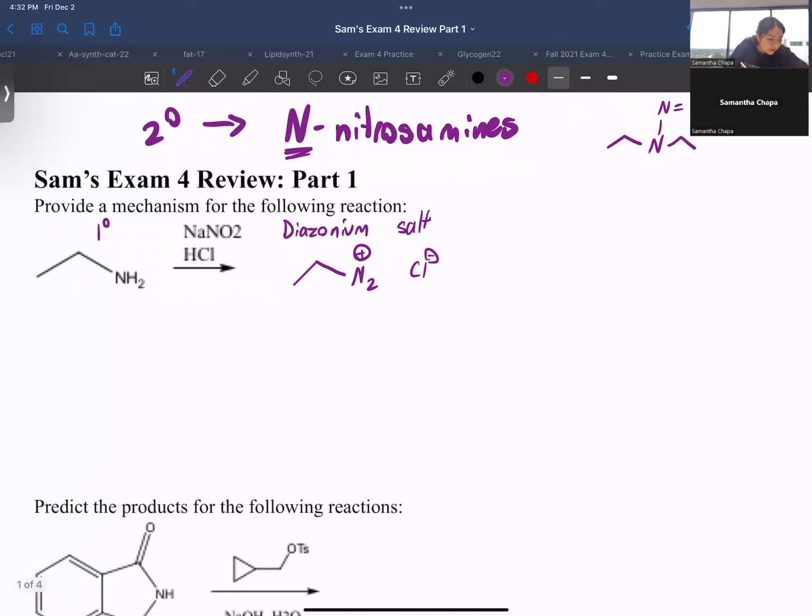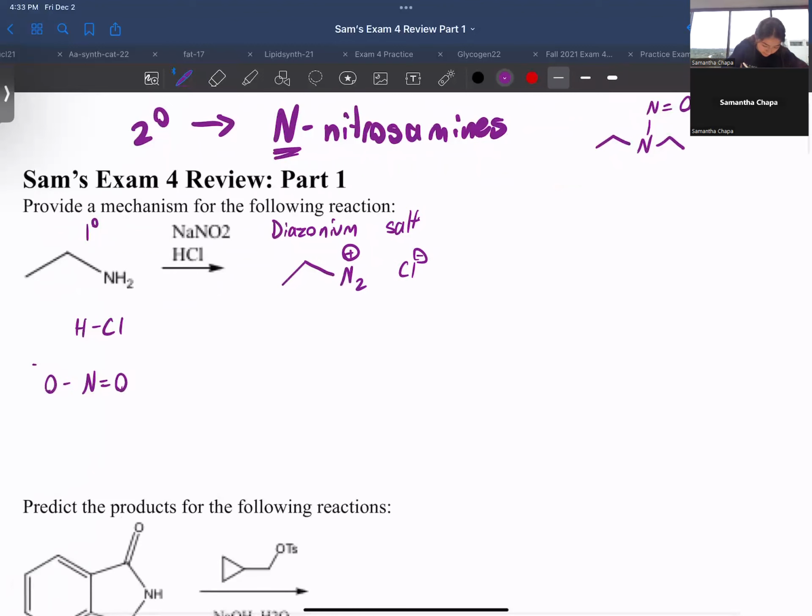I'm using HCl, and the first thing I'm going to do, like always, is that HCl is an acid. It's going to protonate something. So we're starting with our starting materials right here.